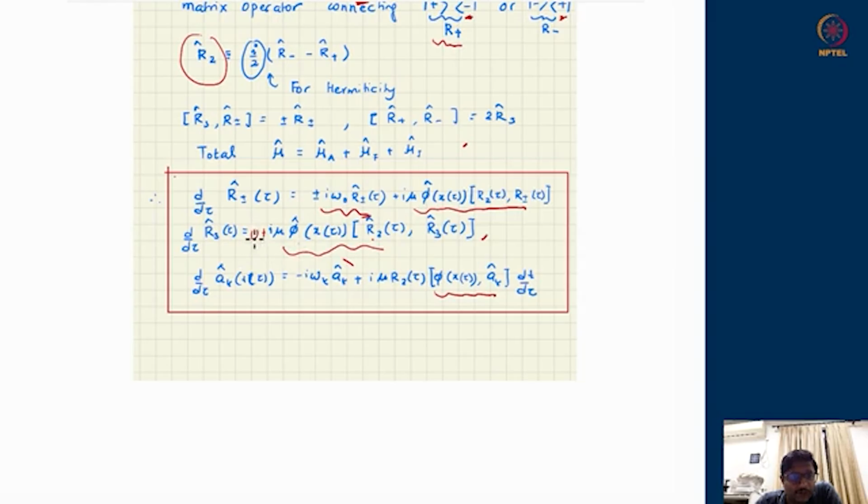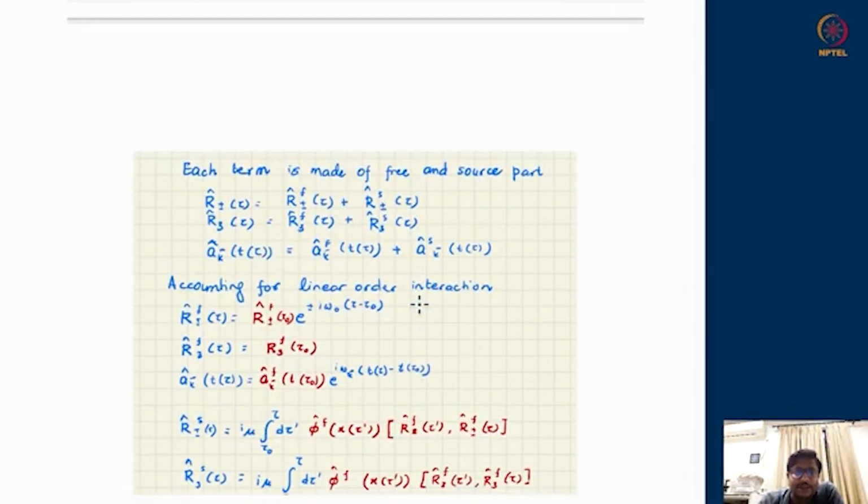So this evolution is coming from the coupling term. Lastly, the field operator also has a free part and a coupling part. So all the operators which we have written down can be written as having a free evolution and a sourced evolution. Sourced evolution in the sense of due to coupling. Free evolution and sourced evolution.